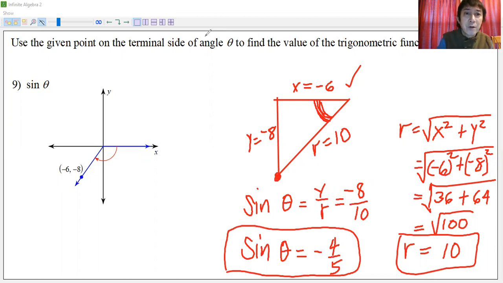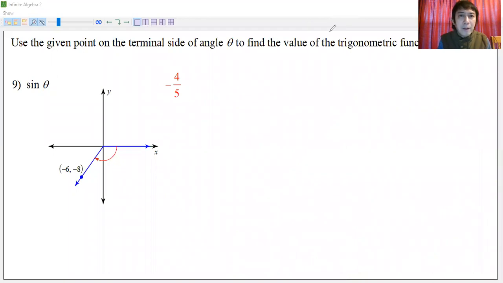All right, so this is our answer. Let's confirm and verify. All right, so that's -4/5. That goes to our number 9. Let's continue with number 10. All right, let's clear the screen. And let's continue with number 10.